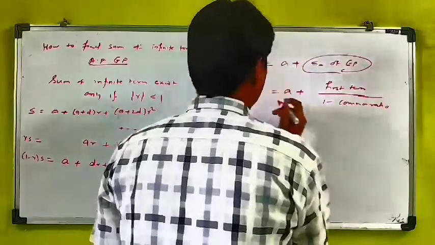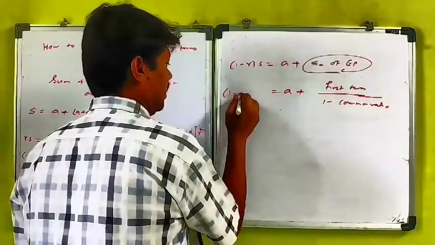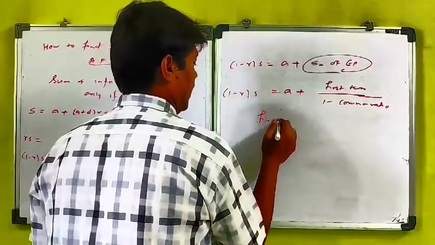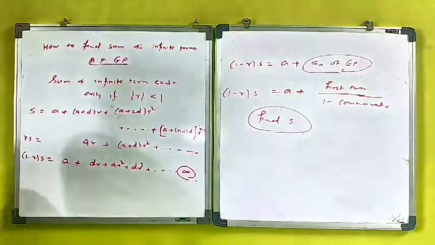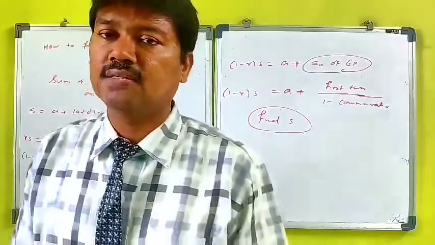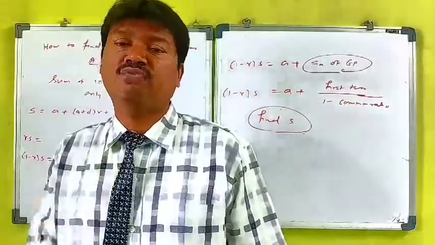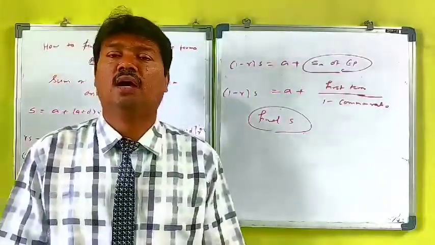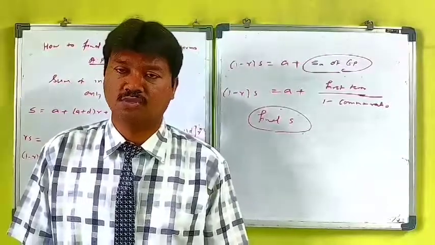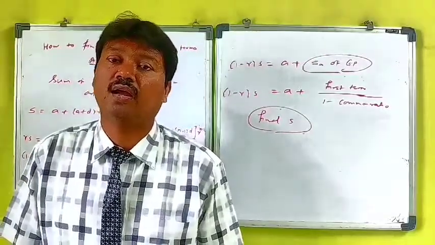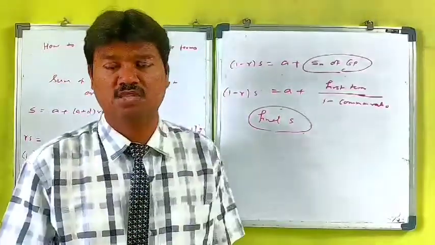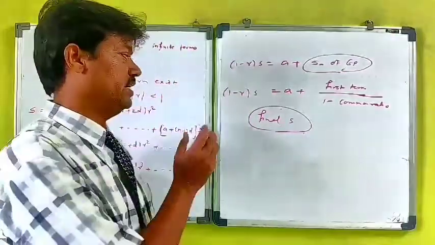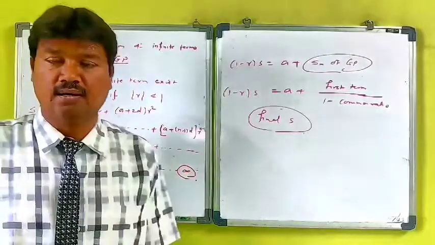So using this and then dividing by 1 minus r, then find S. Finally you have to find S. This is the method which you have to implement when there is a sum of infinite terms of arithmetic geometric progression. When there is an infinite number of terms, we have to use this particular method.